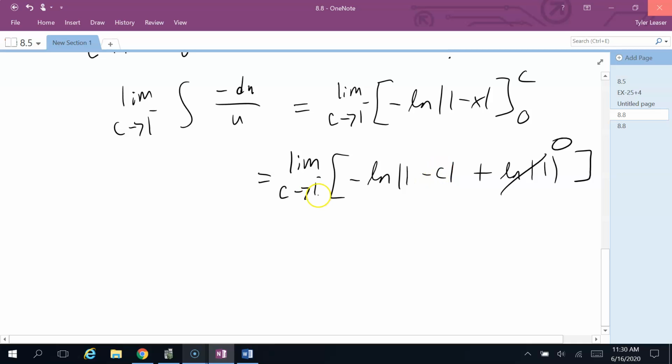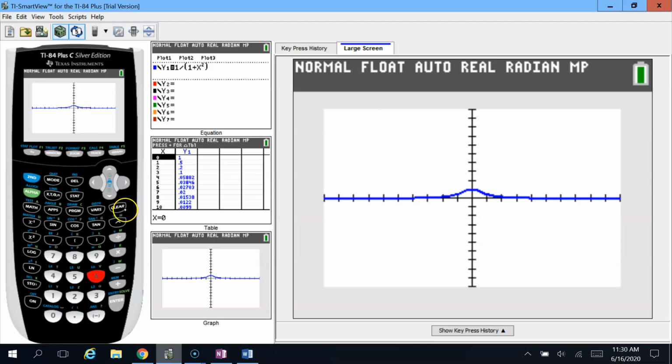Okay, let's look at plugging 1 in and having it approach from the left. If I just try plugging 1 into this, I get the natural log of 0, and the natural log of 0 is undefined. So let's look at what happens to the natural log graph as I get closer and closer and closer to 0. Well, we can just do that in the calculator.